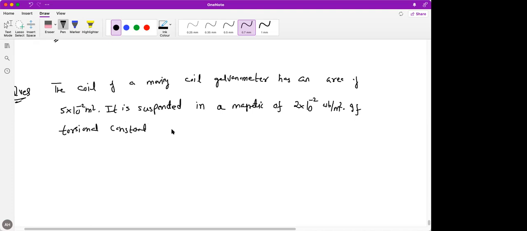If torsional constant of suspension fiber is 4 into 10 raised to the power minus 9 Newton meter per degree, find current sensitivity.